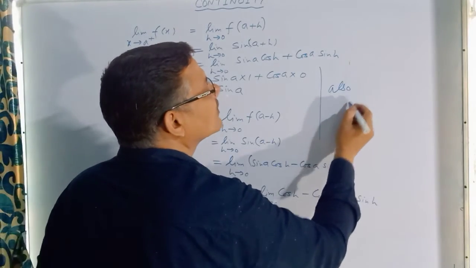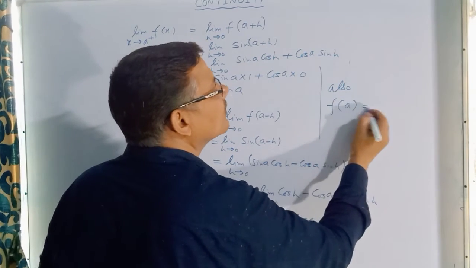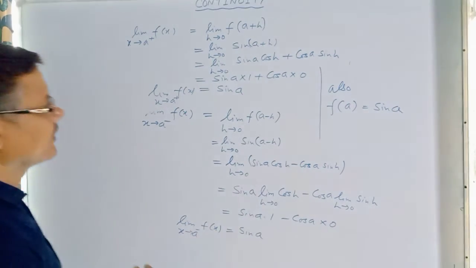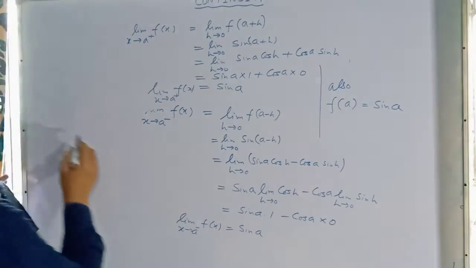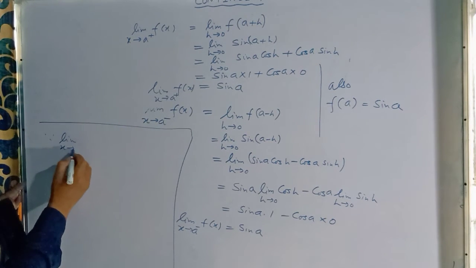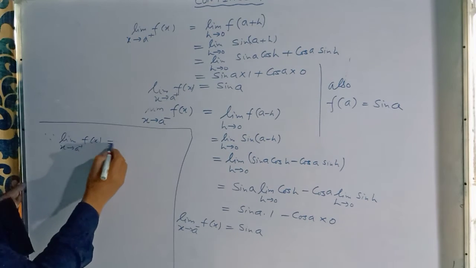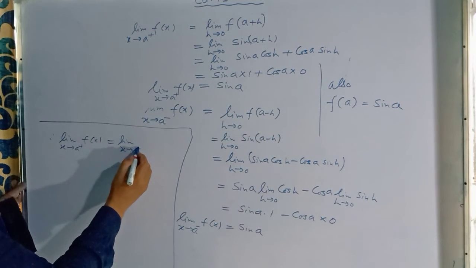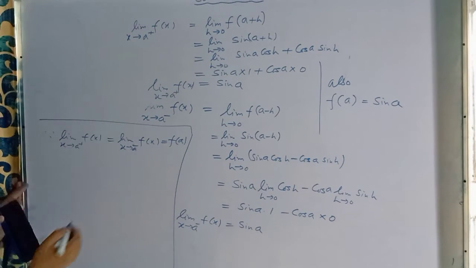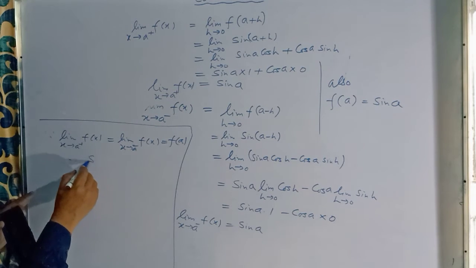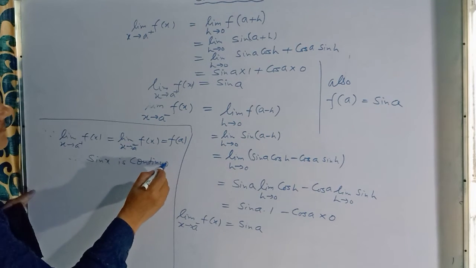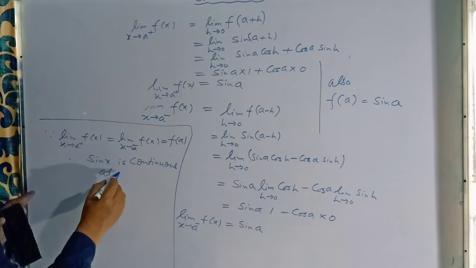Also, f(a) is equal to what? sin a. Since f(x) equals sin x, f(a) equals sin a. Then we write: since the right hand limit at a equals the left hand limit at a, and it is equal to the value of the function at a, therefore sin x is continuous at a.